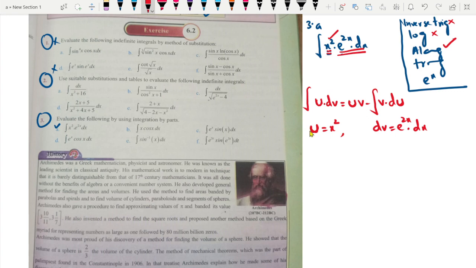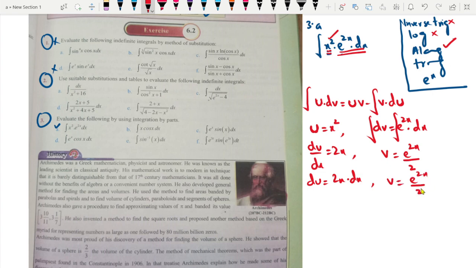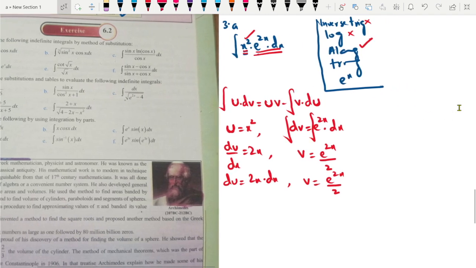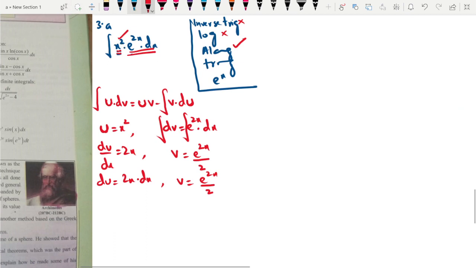Now take the derivative, du/dx, which is equal to 2x, and integrate dv to get v, which is e^(2x) divided by 2. So du is equal to 2x dx, and v is equal to e^(2x) divided by 2. So simply putting the values in the formula.